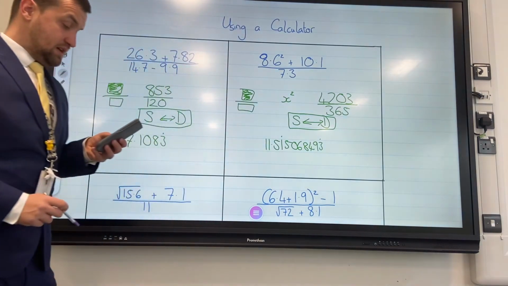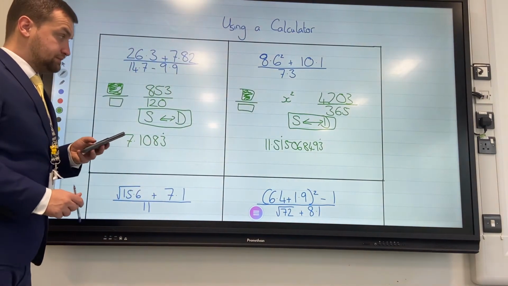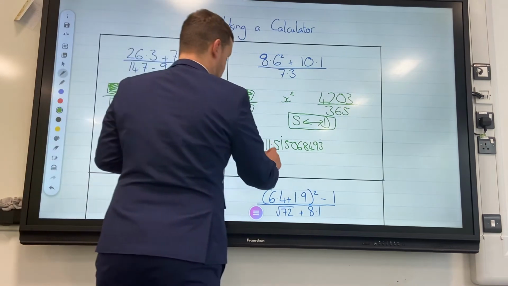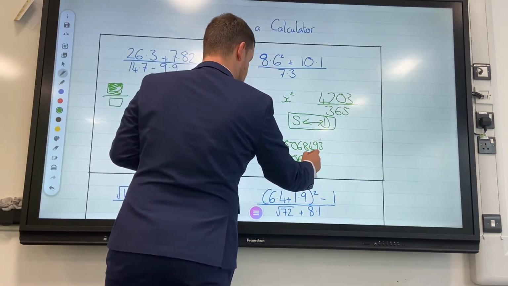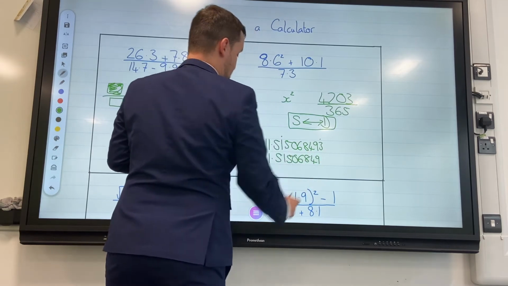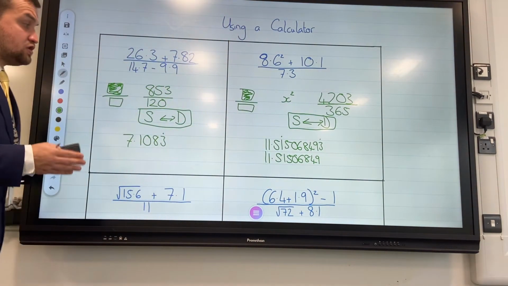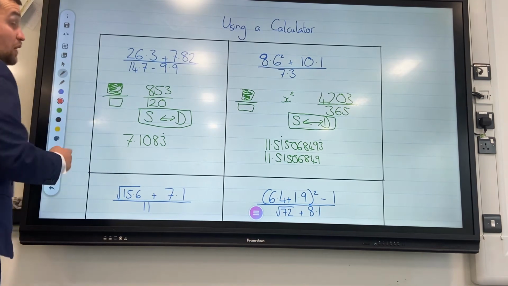Press your S to D button again and it gets rid of it. Okay, so you end up with 11.51506849.